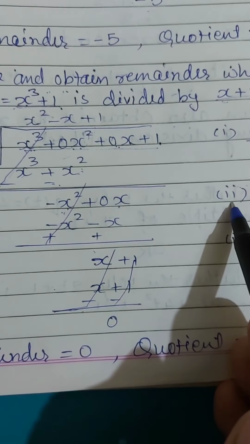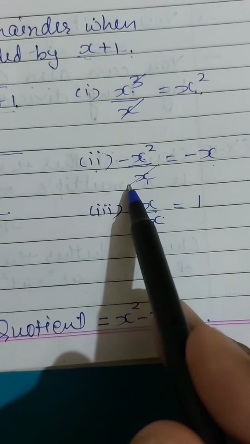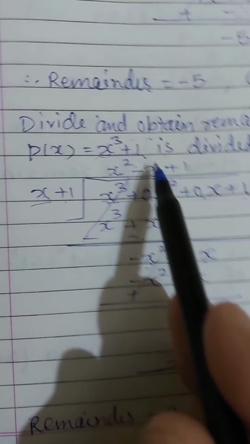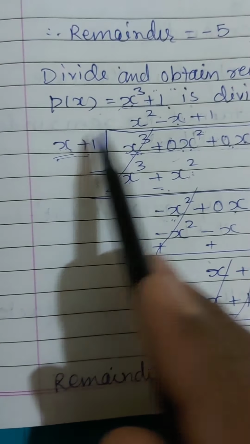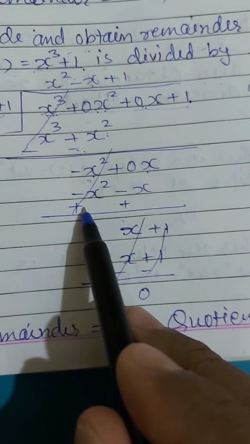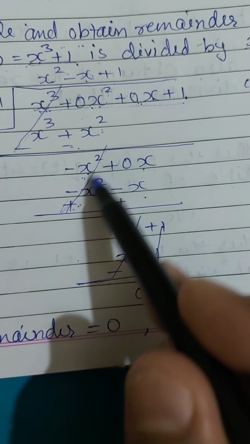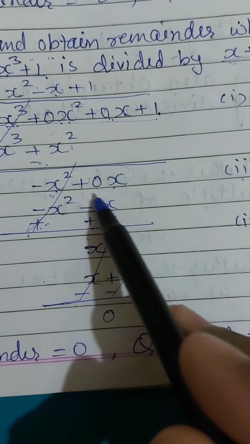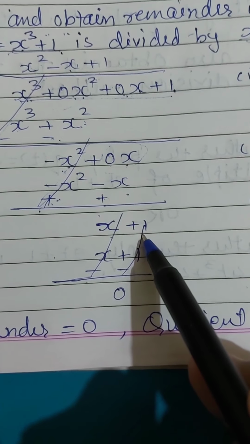Again, second step: minus x square divided by the first term x gives minus x. Put this minus x over here. Then multiply with x plus 1. So you will have minus x square minus x. Putting here, change the signs. Subtract it. So minus x square and plus x square cancel out. Now 0x does not mean anything, so plus x is over here. Plus 1 we are carrying.